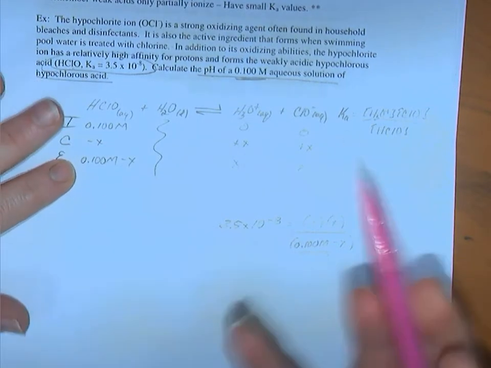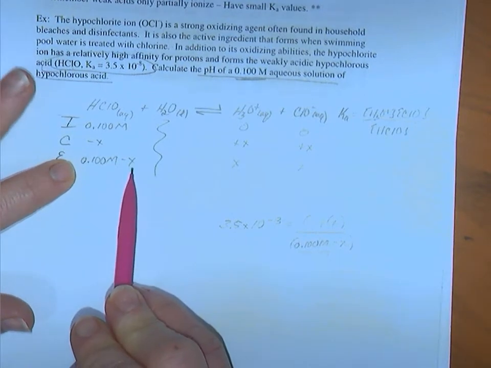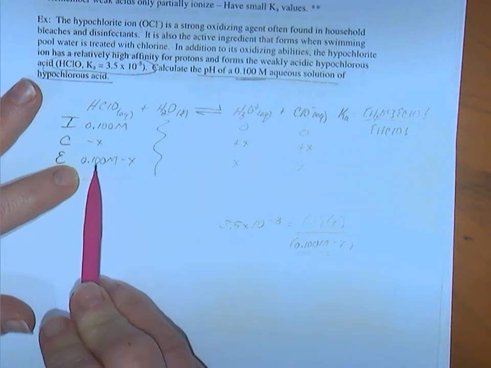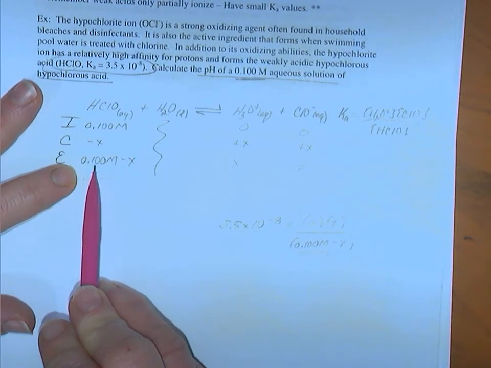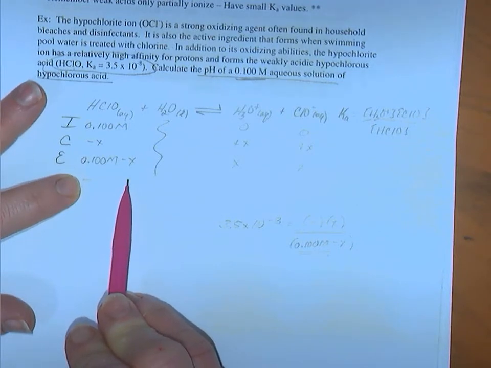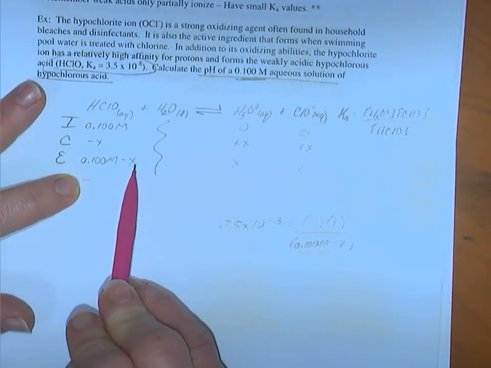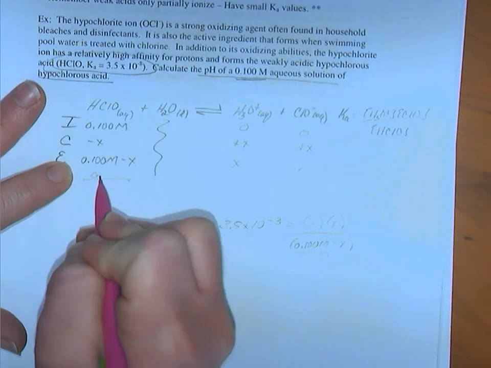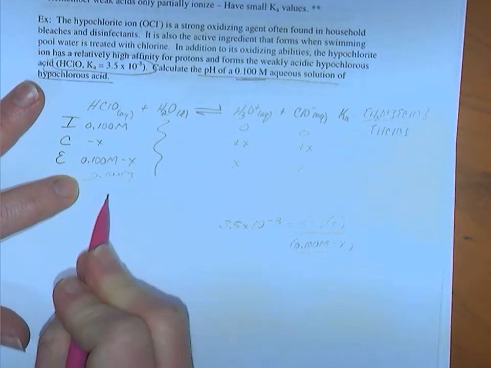Per sig fig rules, when I find my value of X, it will probably not change this value from 0.100 at all, really. These are probably going to be 10 to the negative fifth or something like that. So per sig fig rules, probably at equilibrium I'm going to end up with 0.1 molar.